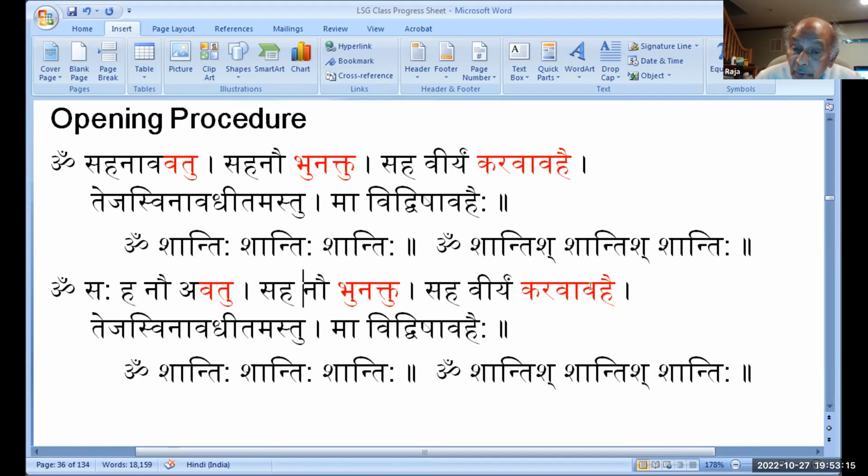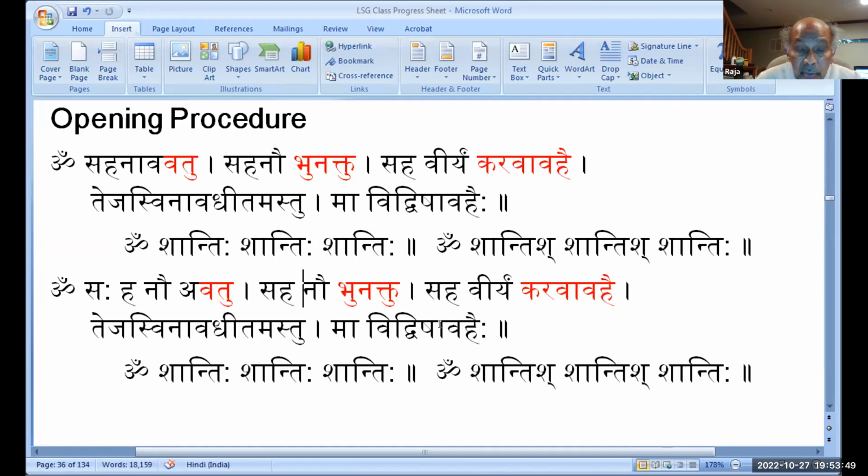Saha viryam karavavahai. This is also an order to Bhagavan. May that Bhagavan give us strength. Tejasvi now avadhitamastu. There is a now always here. Avadhitamastu is may he give us intelligence. However, ma vidvishavahai.